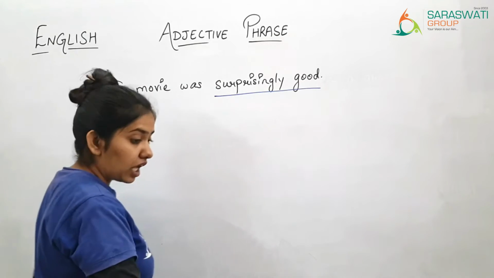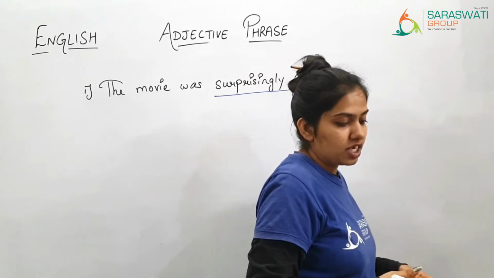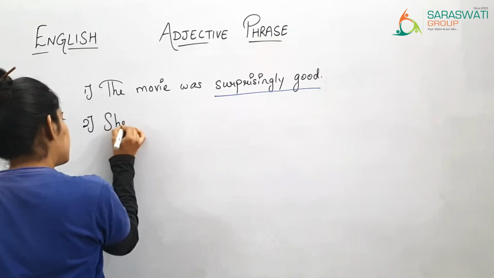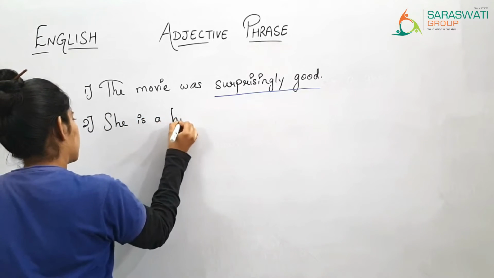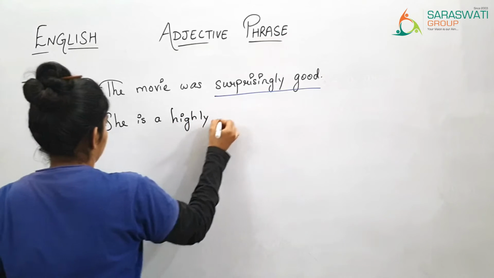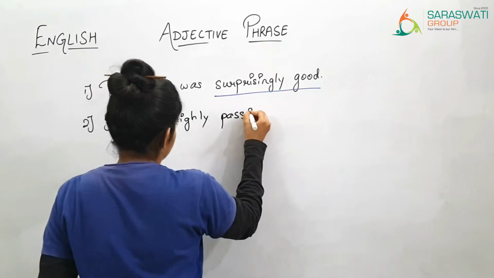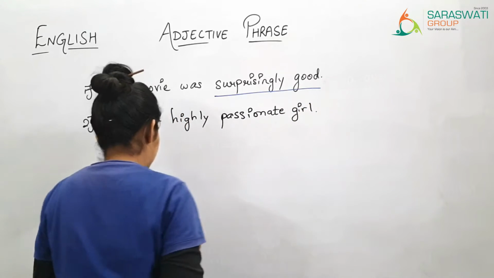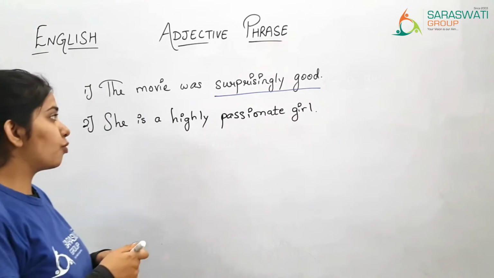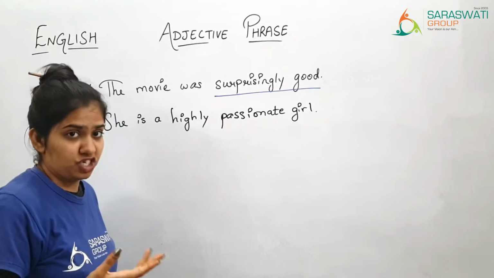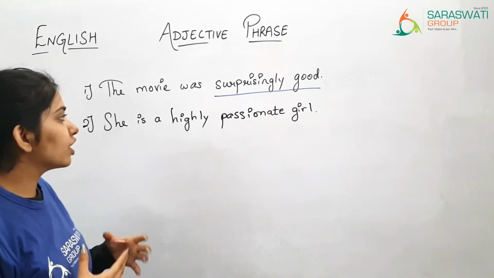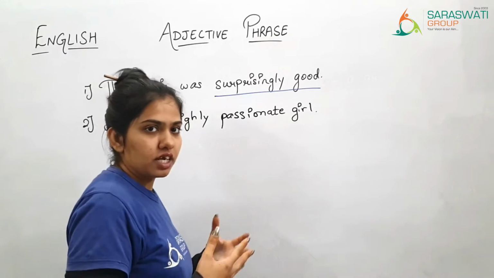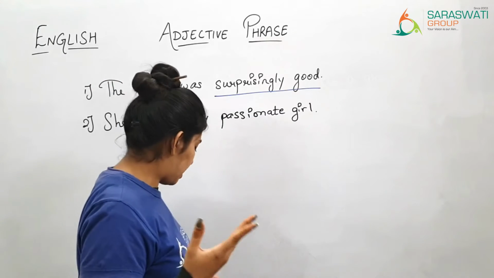राइट? नाउ इन द नेक्स्ट, सी, शी इज अ हाईली पैशनेट गर्ल. She is a highly passionate girl, कि ये जो गर्ल है वो बहुत ही पैशनेट है कोई भी चीज के लिए. सो यहाँ पे गर्ल को क्या डिस्क्राइब किया है? गर्ल को कैसे डिस्क्राइब? अ हाईली पैशनेट, राइट? हाउ इज द गर्ल? अ हाईली पैशनेट.